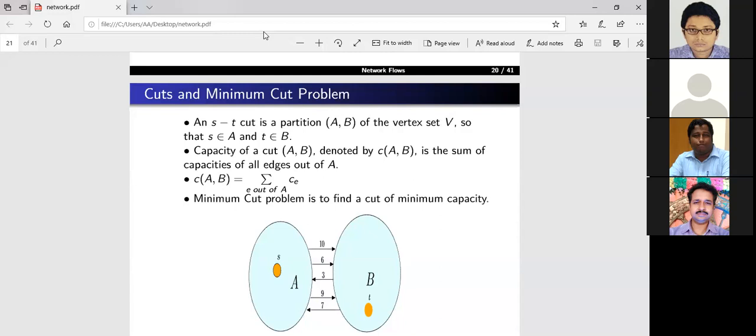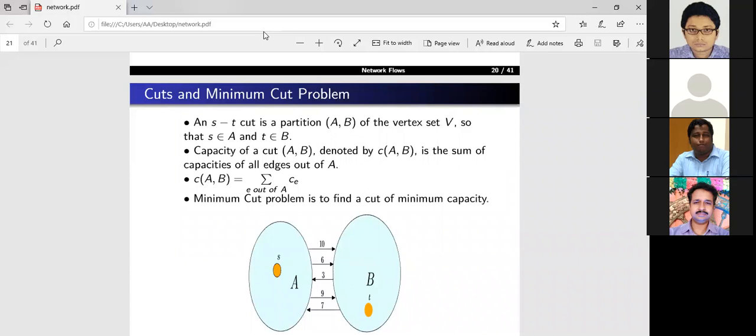Now it is audible. A cut is a partition A, B of the vertex set. Edges can be of three types. Either inside A or inside B, or the third type is between A and B. Now we only look at edges which are between A and B. The capacity of the cut is defined as the sum of the capacities of all the edges which are going from A to B. So in this example, the A to B edges are 10, 6 and 9.